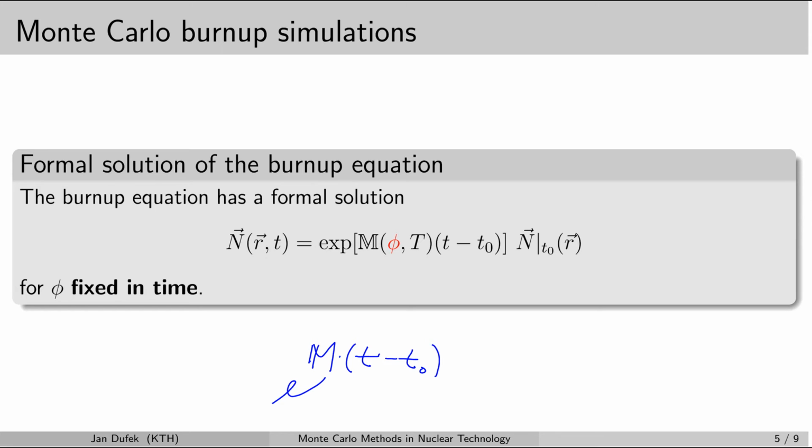In some of the next lessons I'm going to use this solution in this form when I describe different coupling schemes between the Monte Carlo and the fuel depletion solvers. I'm going to use this as a solution that the fuel depletion solver provides to the Monte Carlo solver.